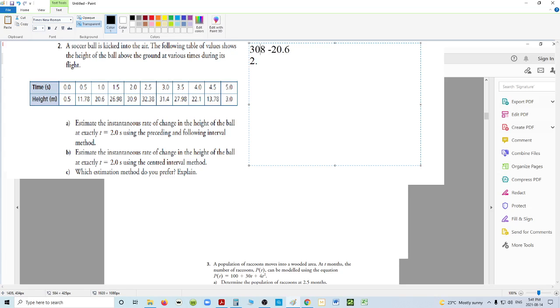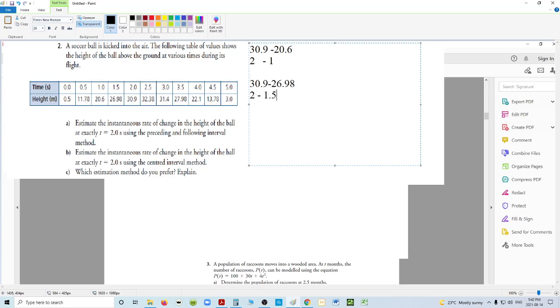That's the y when x is 2 every time. So I'm interested in that, and it's 2. The delta x is 2 minus 0.5. Actually, let's just use the 1 instead. Okay? And then I'm going to take the next one closest to it, which is 30.9 minus 26.98, and the delta x I'm going to look at is 2 minus 1.5.